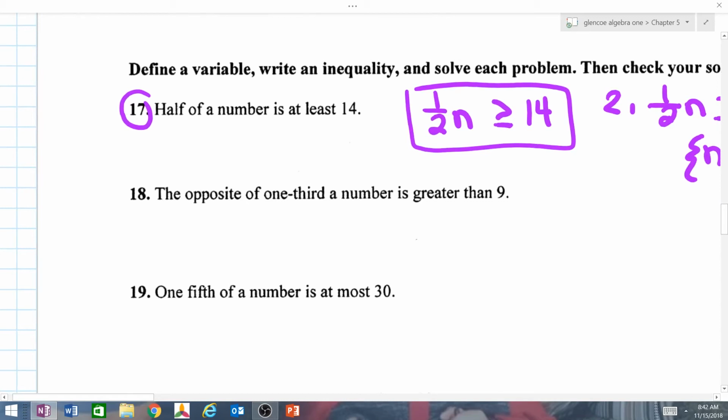The opposite of 1/3 a number is greater than 9. The opposite of 1/3 a number is greater than 9. Negative n over 3 is greater than 9.